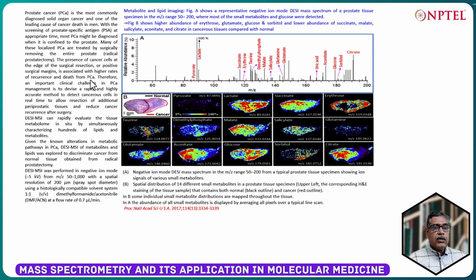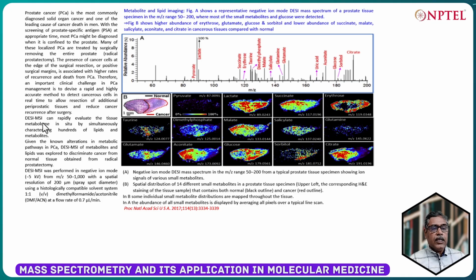Therefore, an important clinical challenge in prostate cancer management is to devise a rapid and highly accurate method to detect cancerous cells in real time to allow resection of additional periprostatic tissues and reduce cancer recurrence after surgery. That is the main simple motto.